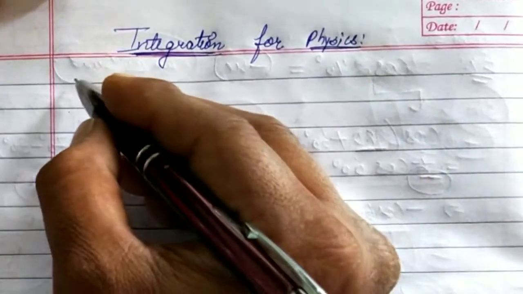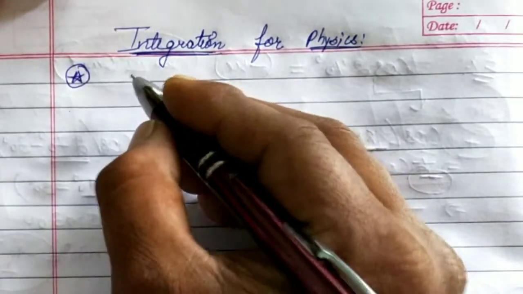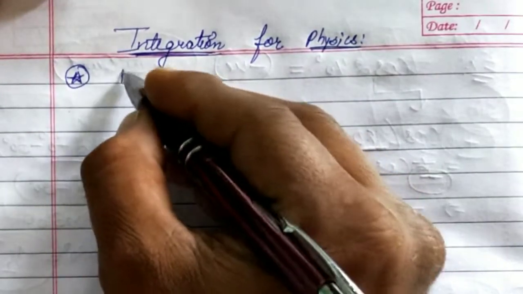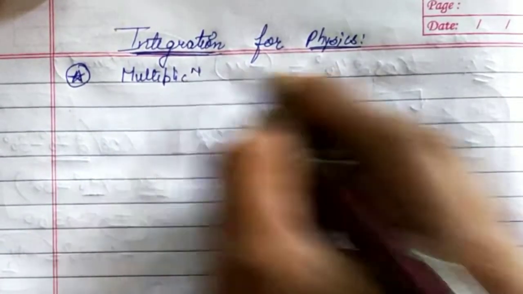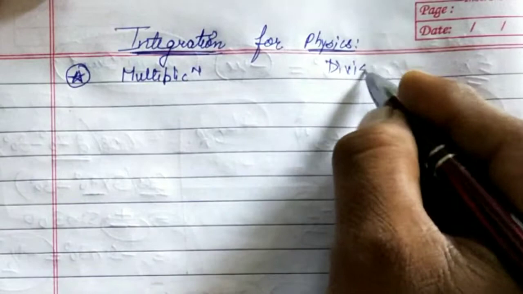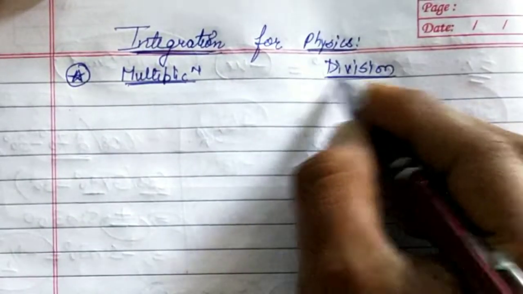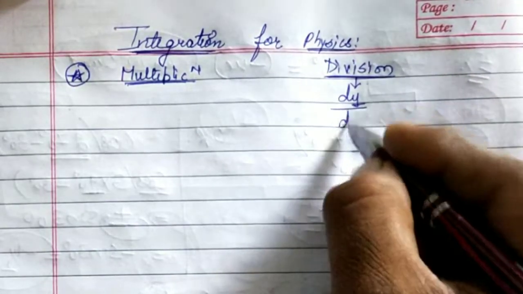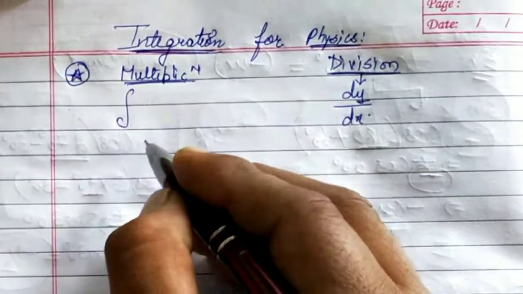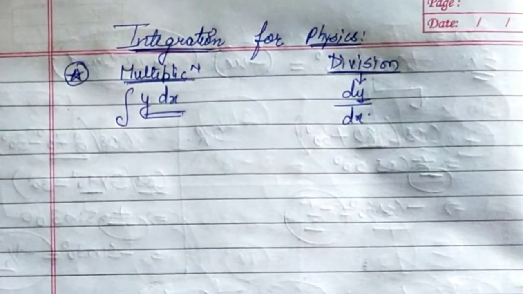Integration we cannot understand without differentiation. Like we have two things, multiplication and division. Division is synonymous to differentiation and multiplication is synonymous to integration.